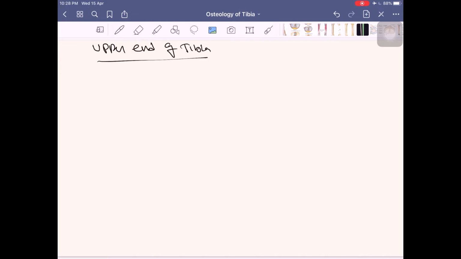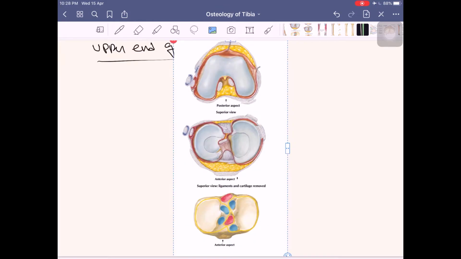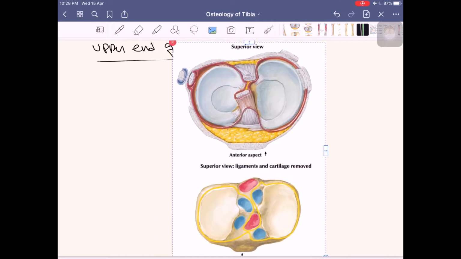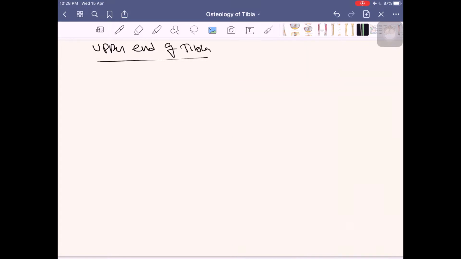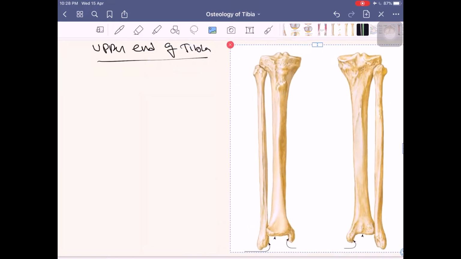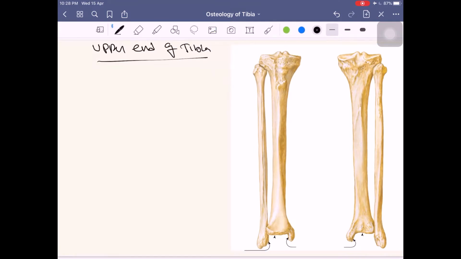Now let us talk about the upper end. This is the superior view of your upper end. What do we have? The upper end presents two condyles, the medial and lateral condyle.